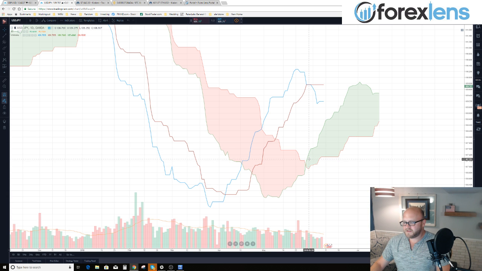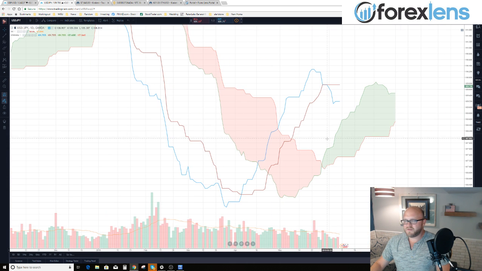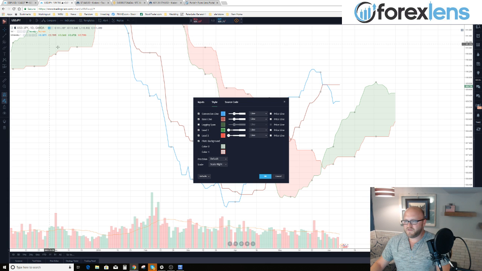So the Senkou span, or just the leading lines, these are the bottom and the top of the cloud, are just the past movement of the conversion line and the baseline moved forward, and then they color the cloud in. Whenever the conversion line is greater than the baseline, the space between them is colored green. Whenever the conversion line is below the baseline, it's colored red. Because we really don't need the lines to see that, that's the only reason why I take them off. You can certainly keep them on there, but I don't feel like we need to see the lead lines when we've already got the cloud there. Okay?